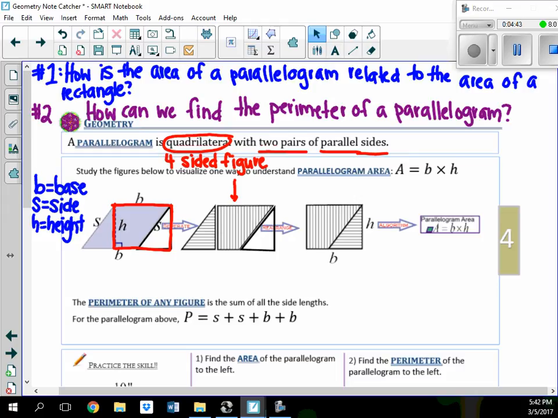So when we find the area of a parallelogram, our formula is area equals base times height. I want you to take a minute and talk to the person next to you about how the area of a parallelogram is related to the area of a rectangle. You can pause this video.